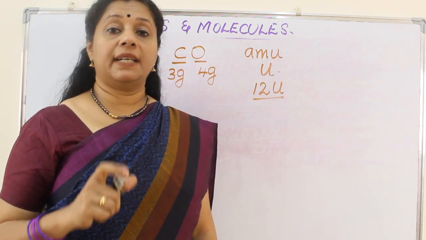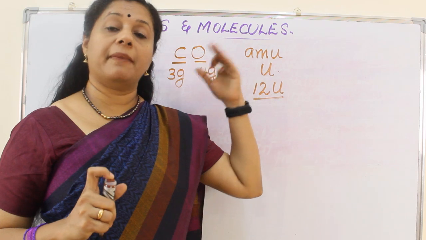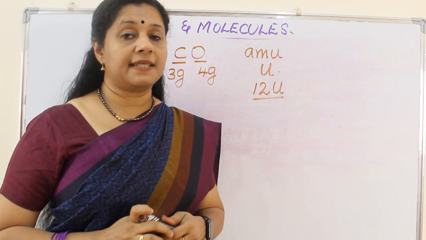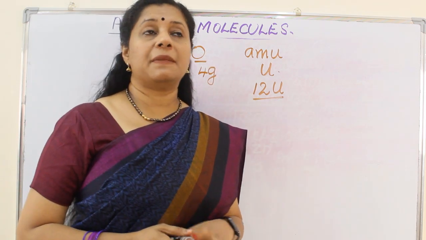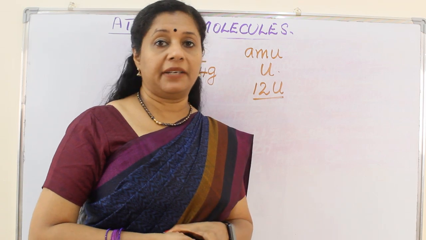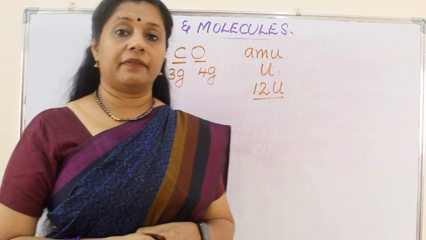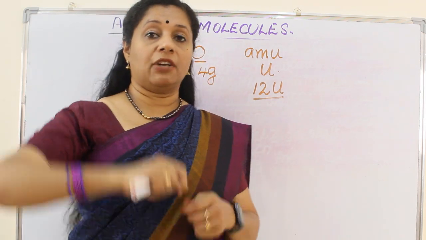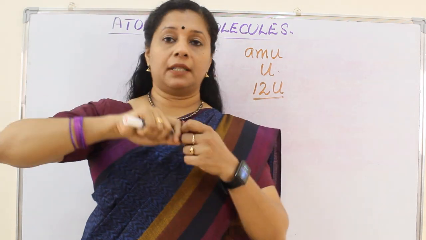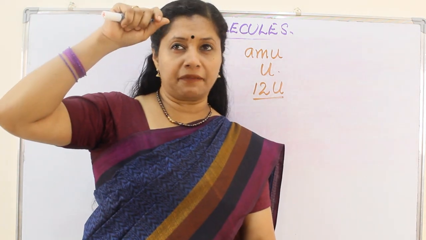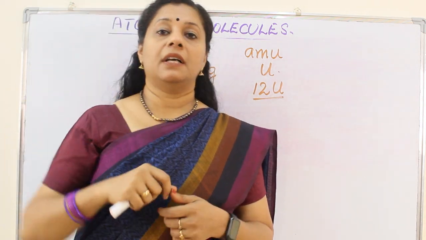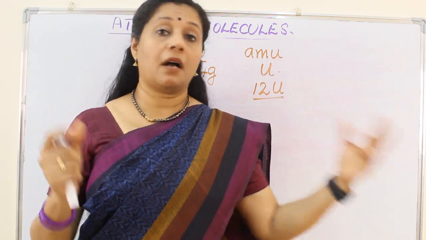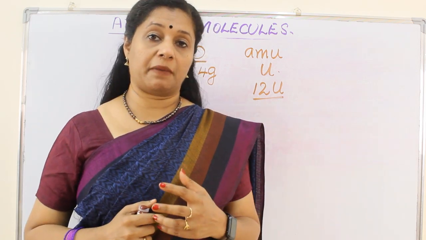Initially, they wanted some parameter for measuring the atomic mass. For example, you must have seen the recruitment in the military. They cannot measure every person, one is 172, another 168, another 158, another 155. It is a very difficult task when hundreds of people are there for the recruitment process.